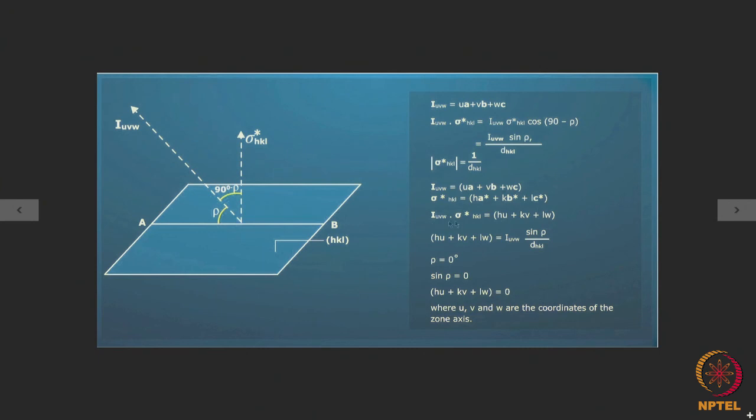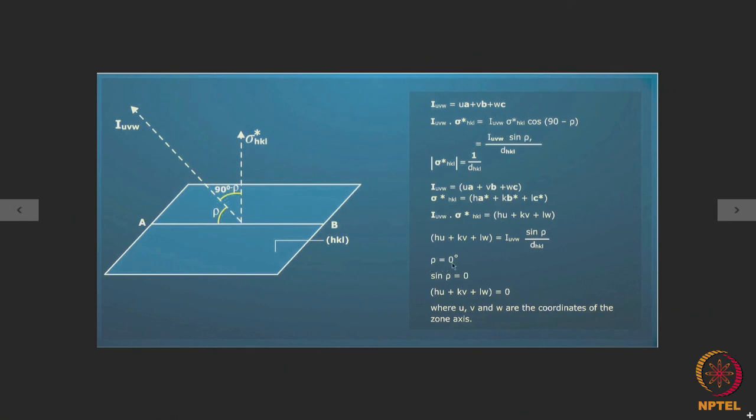So, if we make a dot product between these two, it can be easily seen that the dot product will be HU plus KV plus LW. So, we see that the dot product between these two vectors is equal to HU plus KV plus LW, and again the dot product between these two vectors is equal to I UVW sine rho by d HKL. So, we equate these two.